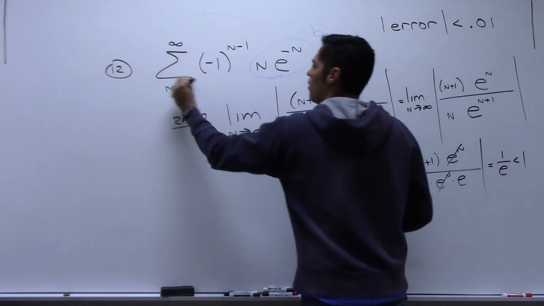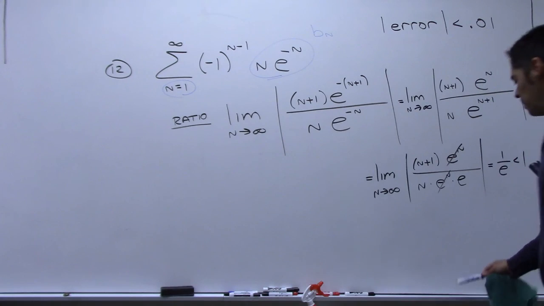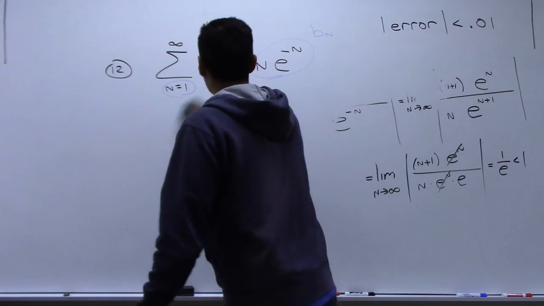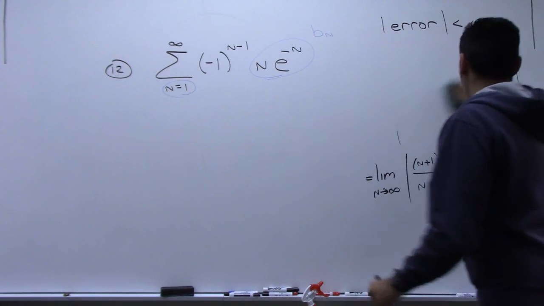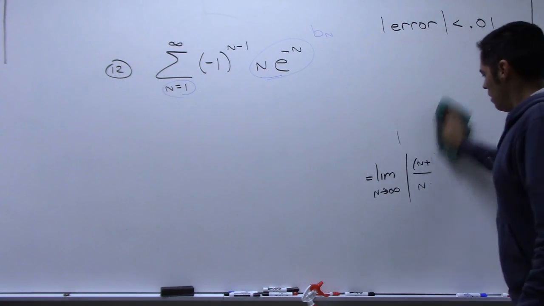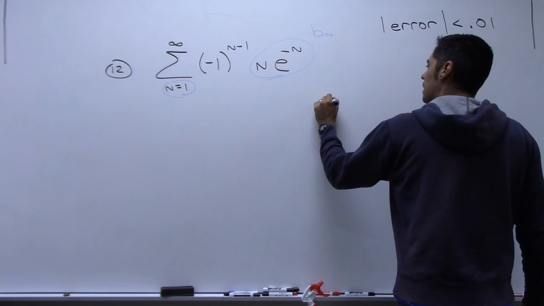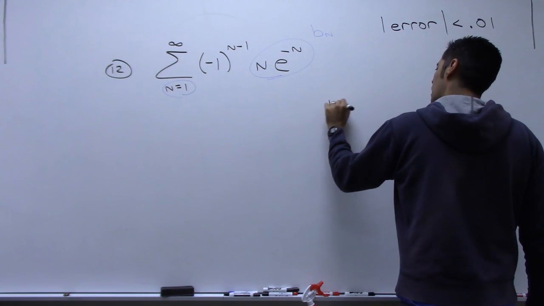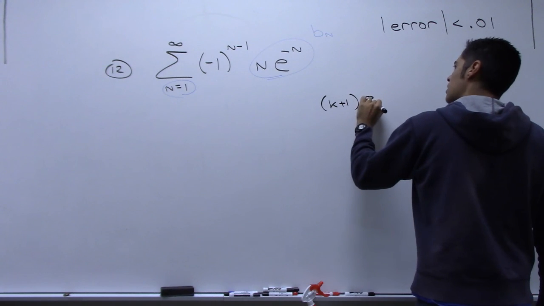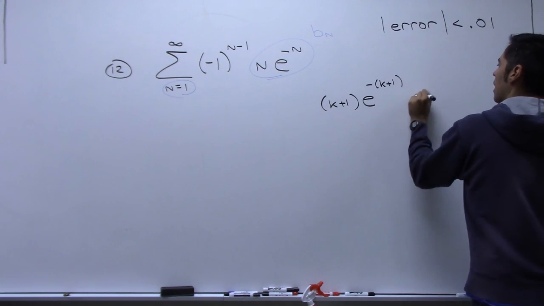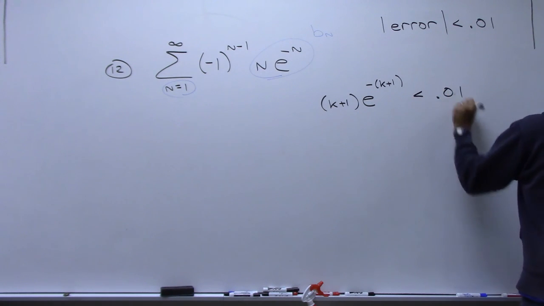And because I'm starting at 1, I don't have to worry about making any adjustments to the formula. So b sub k plus 1 would be k plus 1 e to the negative k plus 1. And I need that to be less than 0.01.